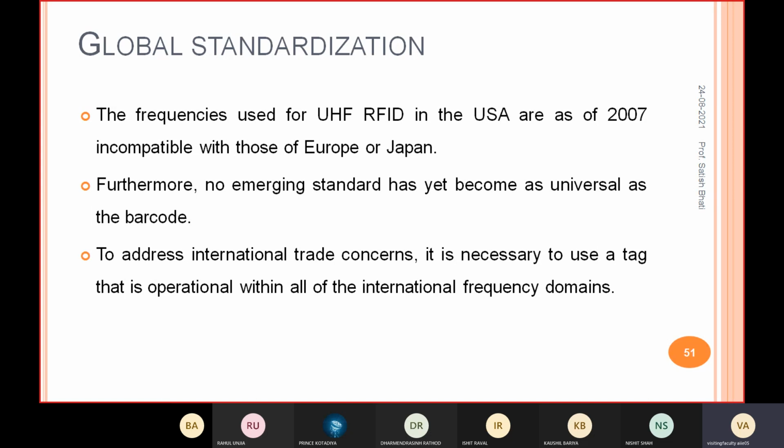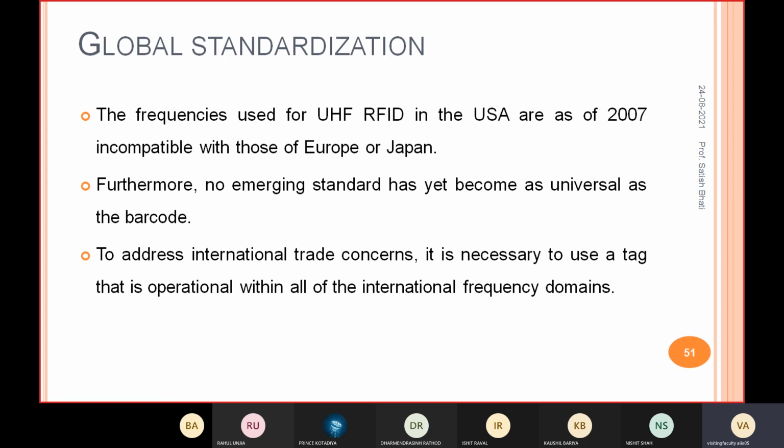Because of that, if an RFID system is developed by one country, you can't use the same thing in India. The frequencies used for UHF RFID in the USA, as of 2007, are incompatible with those of Europe and Japan. Furthermore, no emerging standard has yet become as universal as the barcode. For barcodes the standards are universal, but in RFID not all standards are universal.